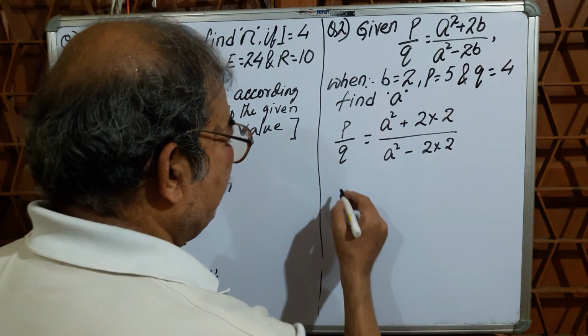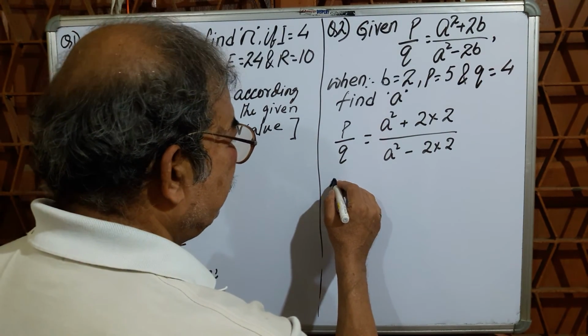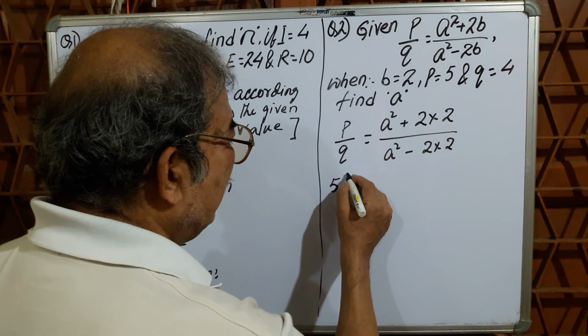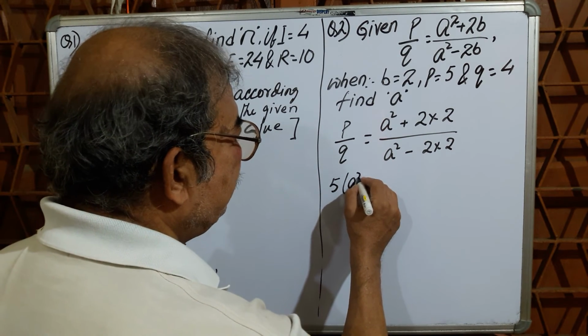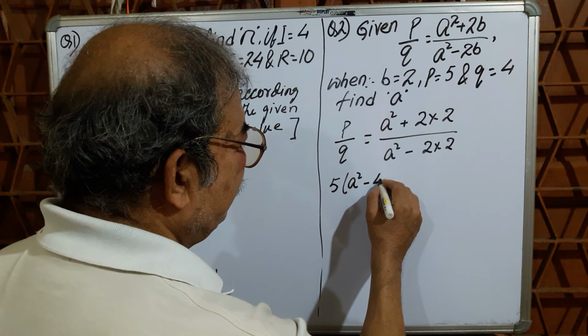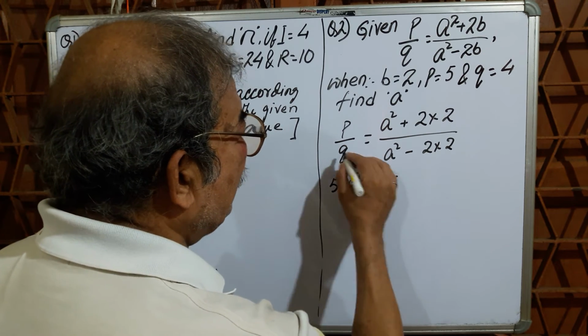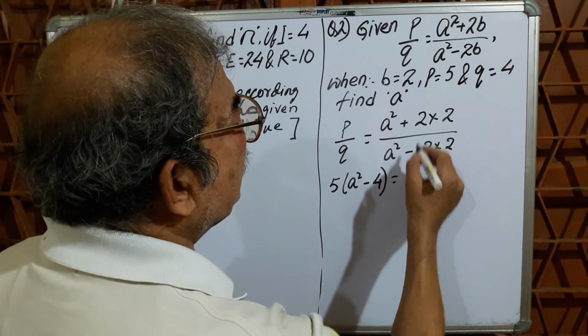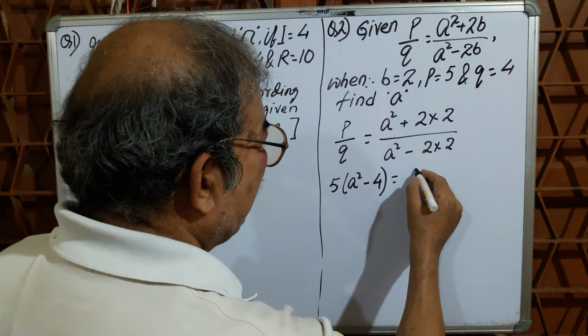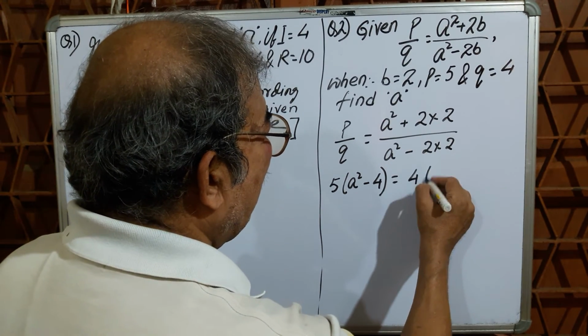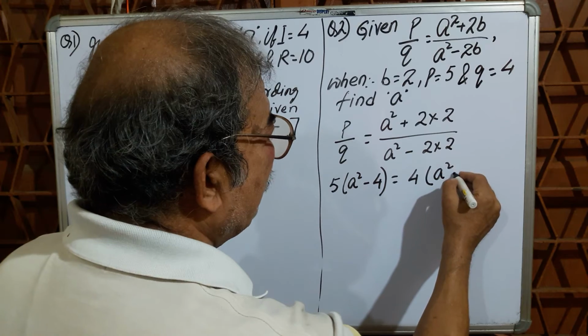Finished. In second line, P equal to how much? P equal to 5. You write 5 into a square minus 4, and Q equal to how much? Q equal to 4. You write here q equal to 4 and a square plus 4.